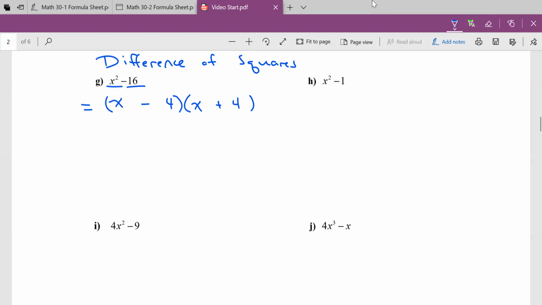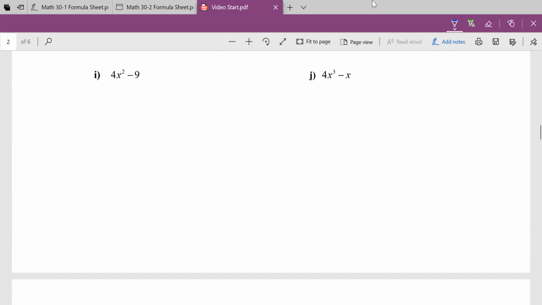Look at H. Perfect squares, minus in between, difference of squares. So 2 binomials, the square root of x squared is x, square root of 1 is 1, and one's positive, one's negative. The order doesn't matter. Difference of squares. Pretty quick.